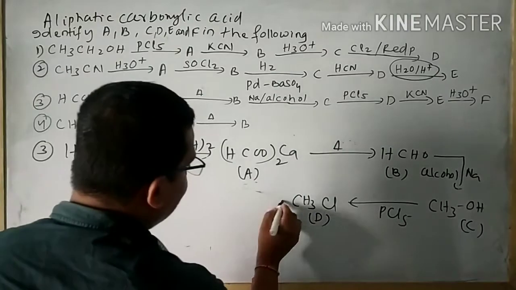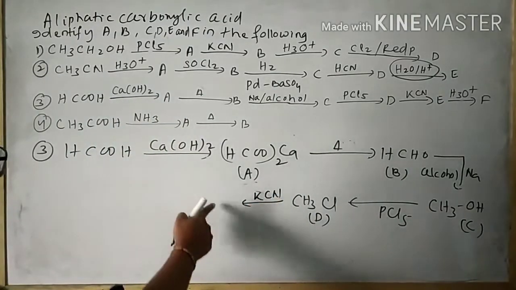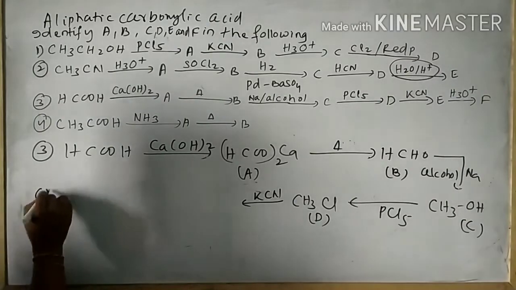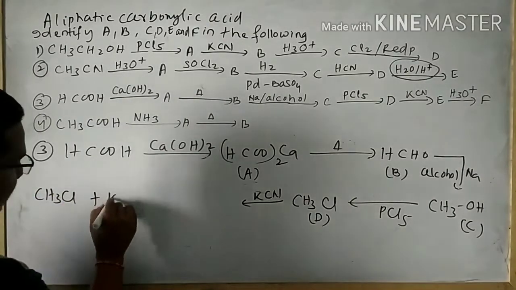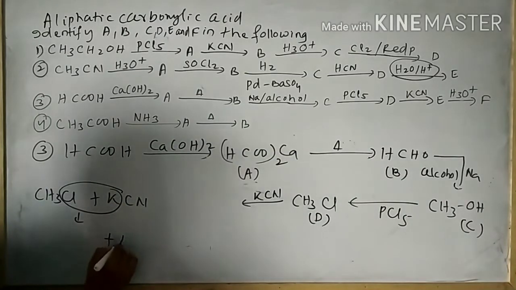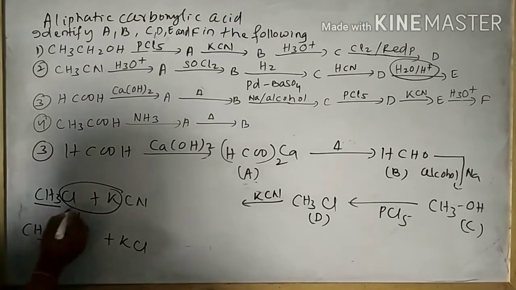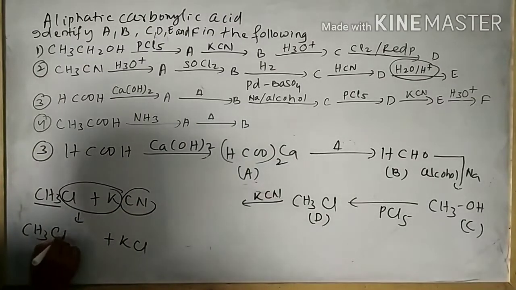Next, the methyl chloride is subjected to reaction with KCN. Then an alkyl cyanide is formed. CH3Cl plus KCN: KCl is removed as a byproduct, and the remaining part is CH3 combined with CN.